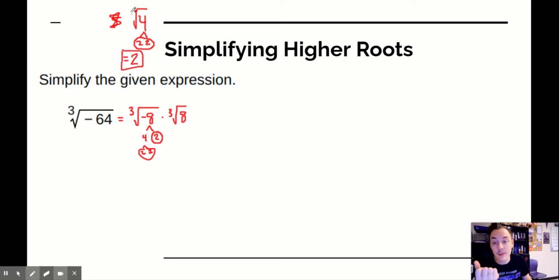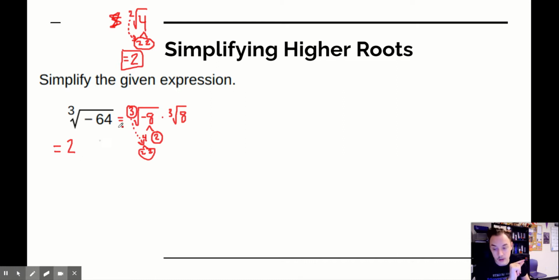Yes, it is, but that was a square root. So since it's square root, we only circle two numbers. If it's a cube root, we circle not two numbers, but three numbers of the same number. So 2, 2, 2, those are three twos. So they come out to be 2.